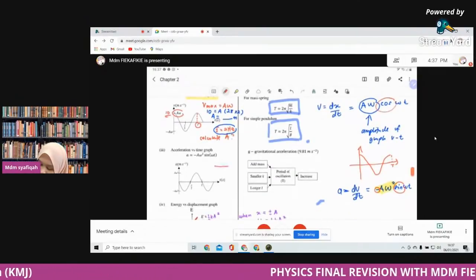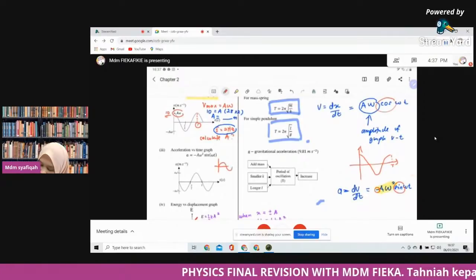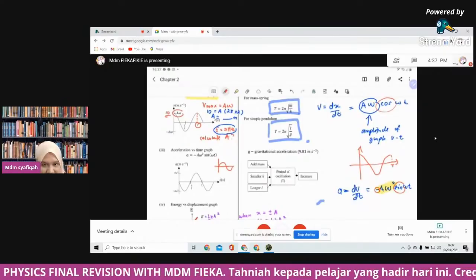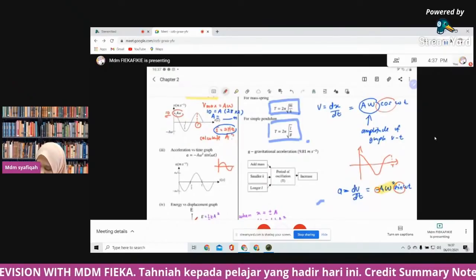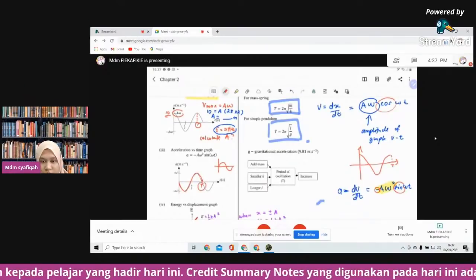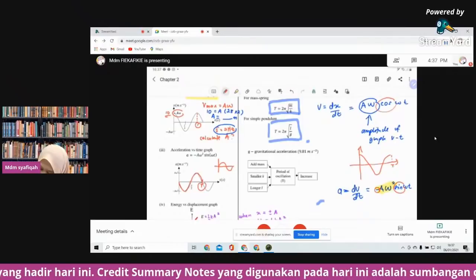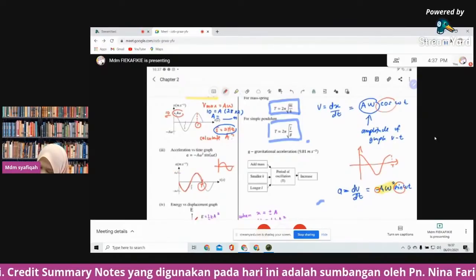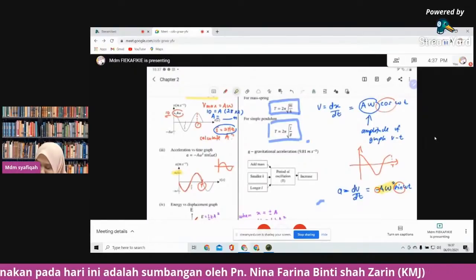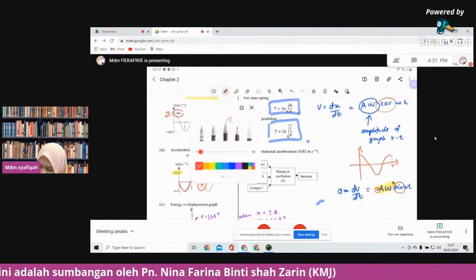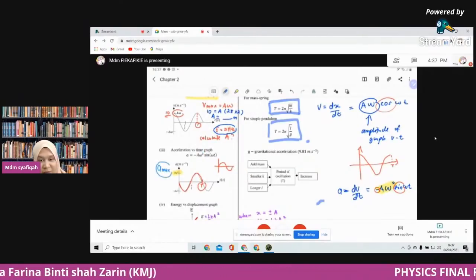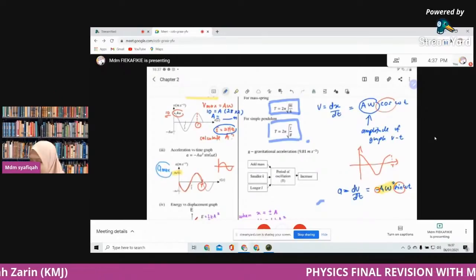Kalau graph yang asal macam ini, okay? So kalau negative sine, mesti terbalik. You pun tahu kan? So for one complete oscillation, this is T, the value. And the value here, and the value here is the maximum acceleration. Okay, maximum acceleration. Boleh? Okay, good.